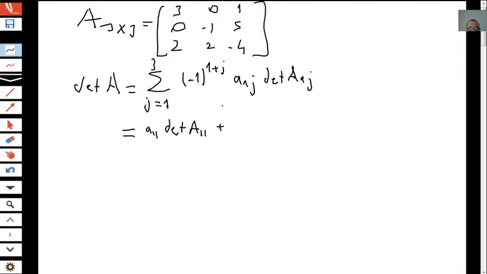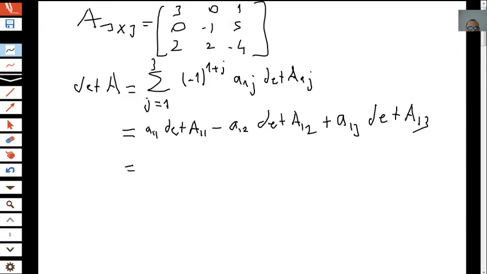Therefore, minus 1 to the power 3 becomes minus 1, so we obtain minus a12 determinant A12. And when we write 3 for j, we obtain 4, which is an even number. Therefore, we have plus 1 for the first term. So we have plus a13 determinant A13.